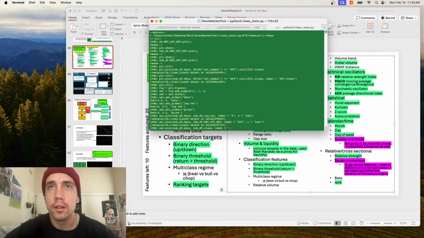Label is price. Oh, I guess that's going to be messed up because the axes are going to be off. So let's just plot this.